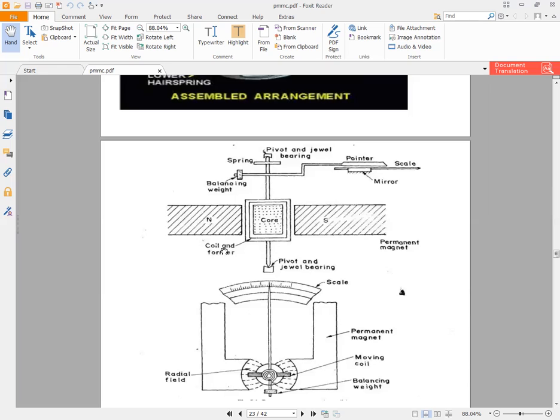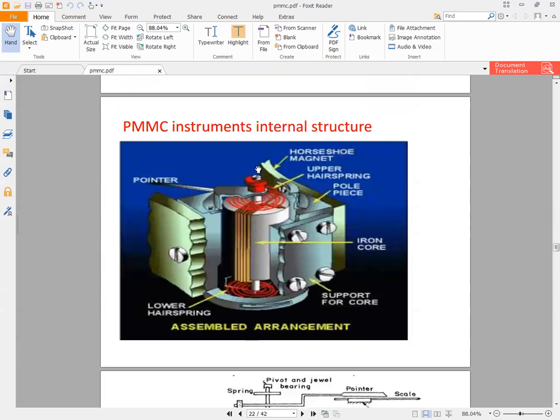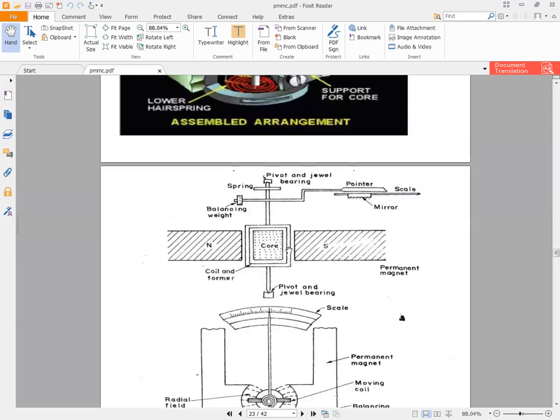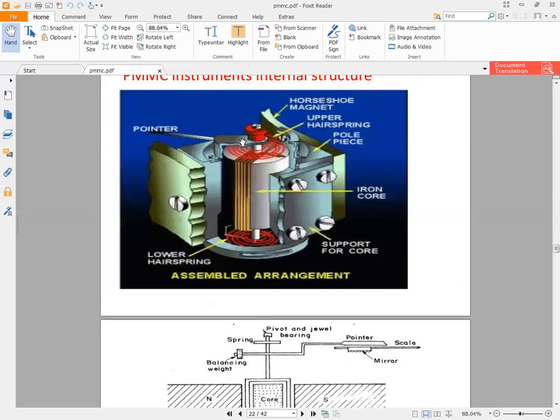The coils are made up of copper material, and the function of our coil is to carry current and produce the deflection. That means the pointer will get deflected.